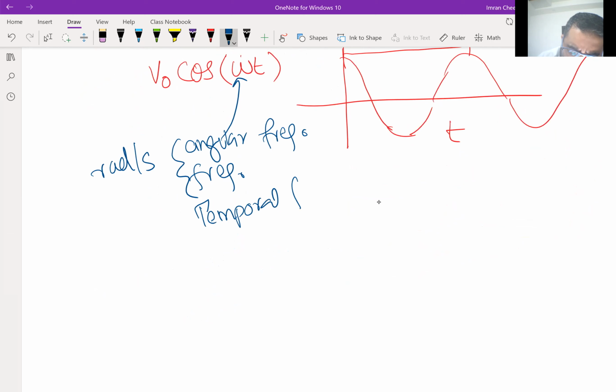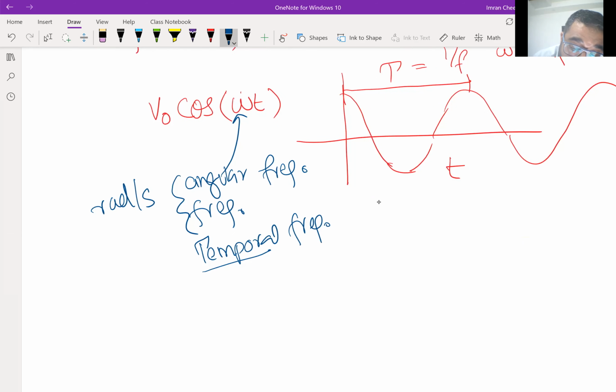There should not be any problem; temporal just means I'm referring to a temporal frequency. And the fundamental thing is that the argument of the cosine or sinusoidal function has to be in radians. So this is radians per second, this is seconds, so this becomes radians. That's the mathematical fundamental: the argument cannot be other than radians.